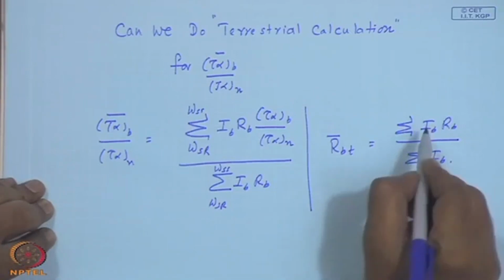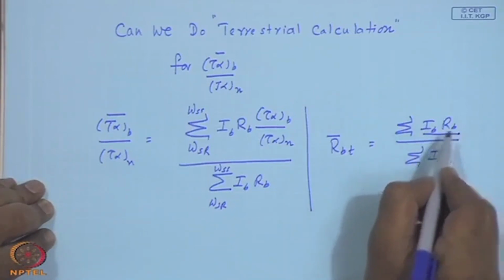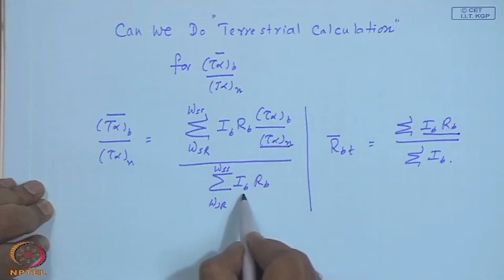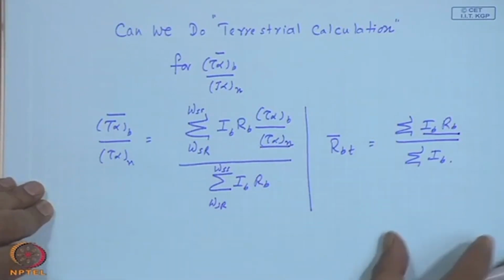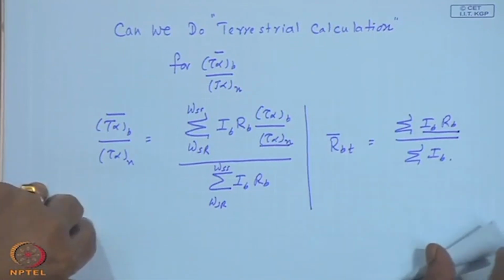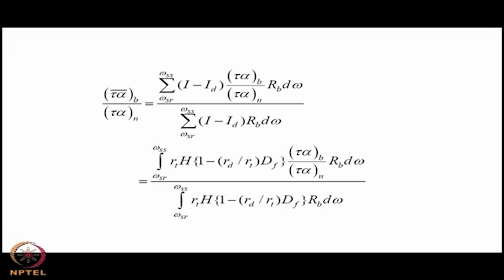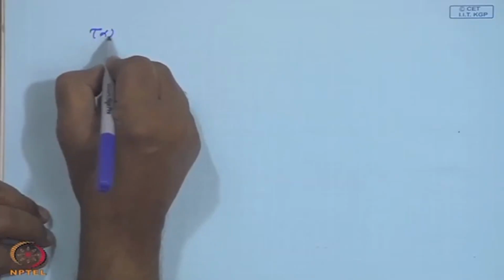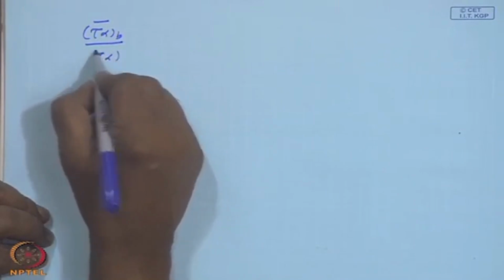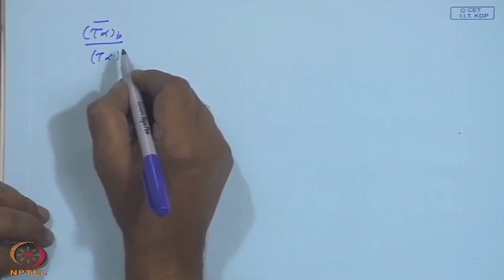So, in addition to the tilted radiation, we weighted with tau alpha b or tau alpha normal, and the division will be the whole tilted radiation. So, this again we can write it in terms of global radiation and the diffuse radiation.